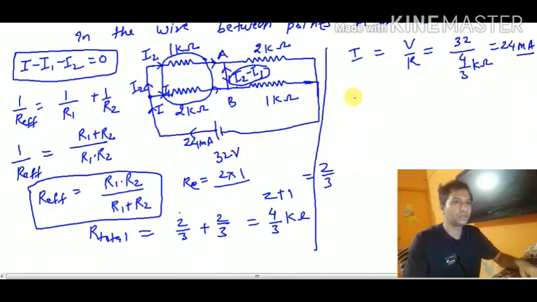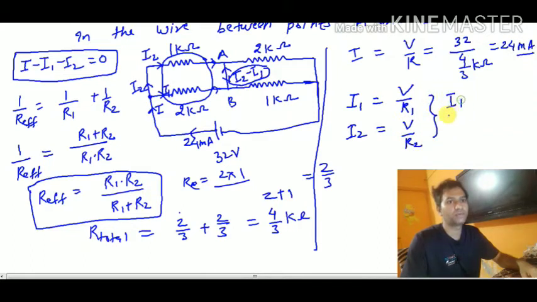If I write I1, I will get V by R1, suppose this is R1. And if I write I2, I will get V by R2. So take the ratio I1 by I2, this V will get cancelled, R2 comes up, so you will get R2 by R1.